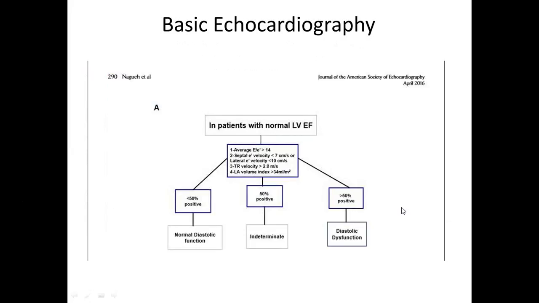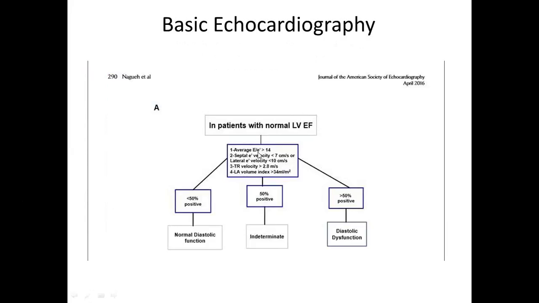So when a patient comes to you and you're assessing for diastolic dysfunction, this is how you're going to approach it. So the patient with normal ejection fraction, so remember, patients who have reduced ejection fraction, they all have diastolic dysfunction. But this is a patient with a normal ejection fraction. So when they come to you in the echo lab, you look at the 4 parameters that I spoke to you about.